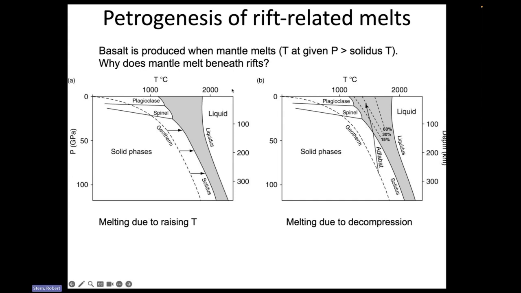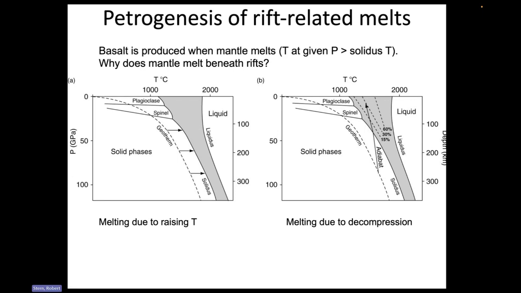And here we see in a dashed line a typical geotherm, the temperature structure of the uppermost 350 kilometers or so, right? Zero at the surface, pretty close to, what's that, 1600 degrees at depth. Now, over here, this gray area is the region where melts are generated. The solidus is the PT environment at which melting starts, right?